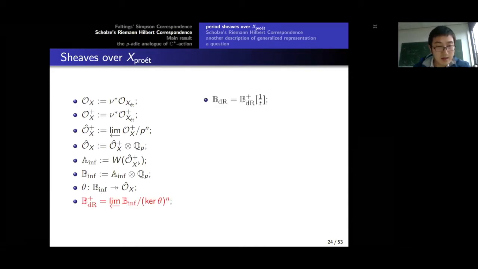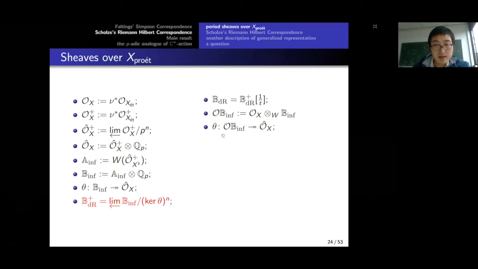And then again, we take the completion with respect to this kernel, we get B_dR plus. And by adding t inverse, we get B_dR. And here we define OB_inf to be O_X tensor with B_inf over W. We view this W as a locally constant sheaf over this site.